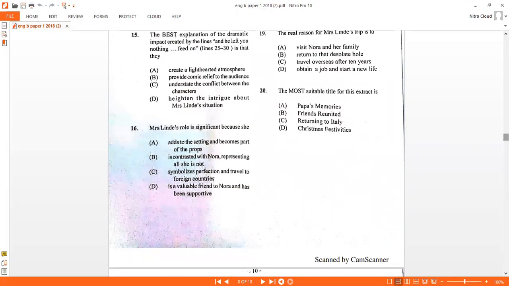Number 15 says, the best explanation of the dramatic impact created by the lines, and he left you nothing to feed on, lines 25 to 30, is that they. Now, again, we see the word best is in all caps.